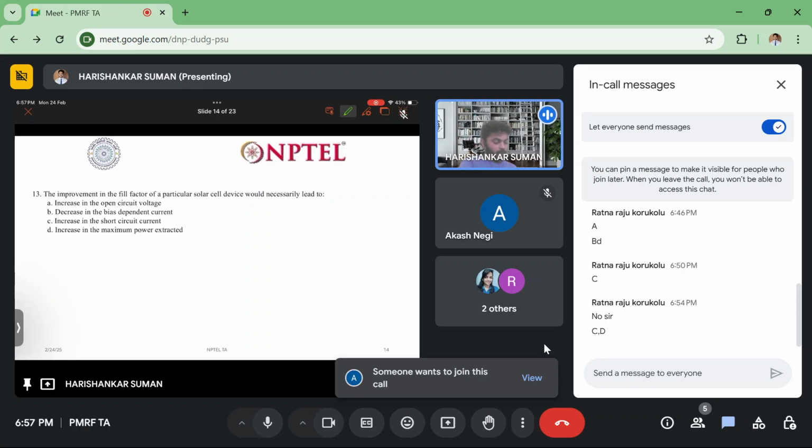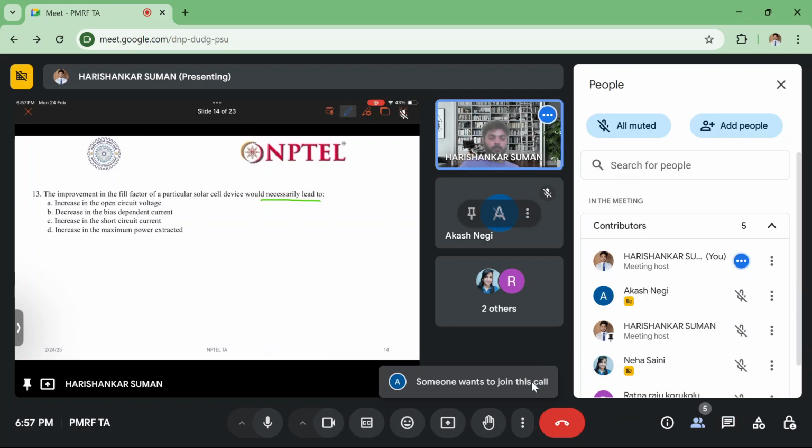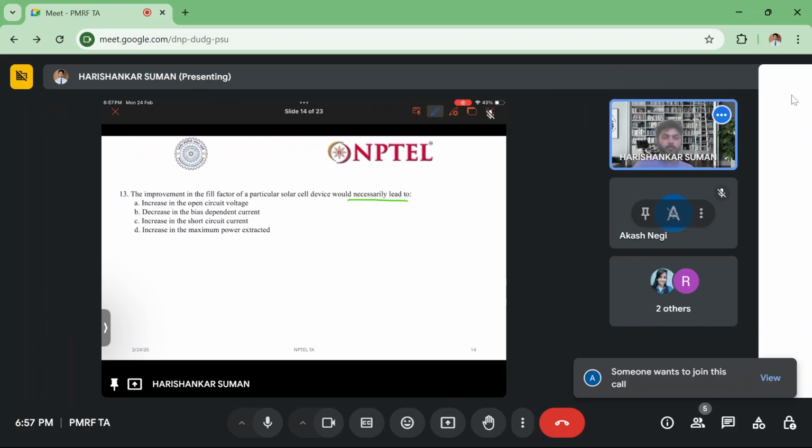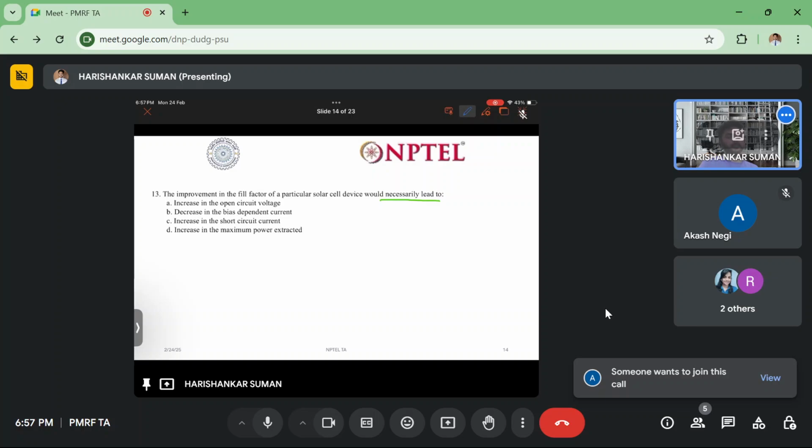The improvement in the fill factor of a particular solar cell device could necessarily lead to... B and D. Okay.